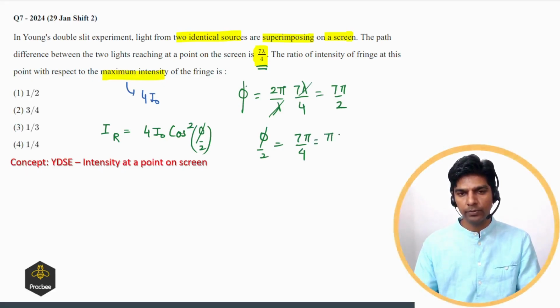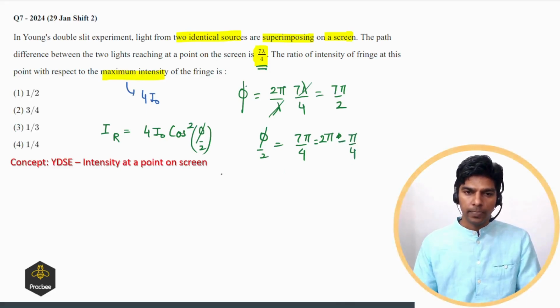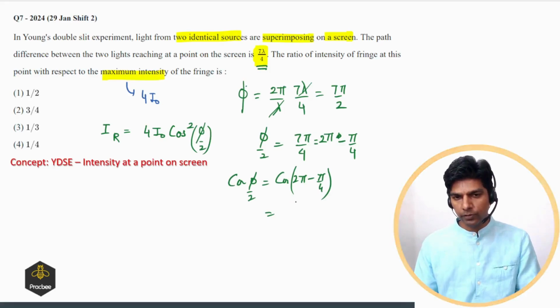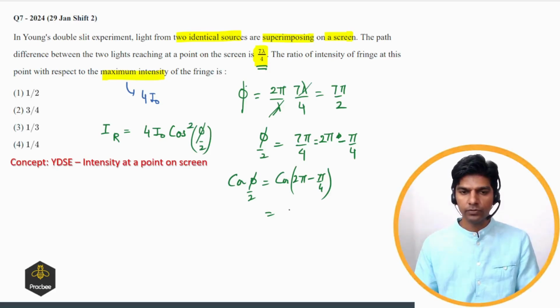be written as pi plus, or you can say 2 pi minus pi by 4, right? And cos phi by 2 can be written as cos of 2 pi minus pi by 4, which is in the fourth quadrant, and in the fourth quadrant cosine function is positive, so that will be cos of pi by 4.